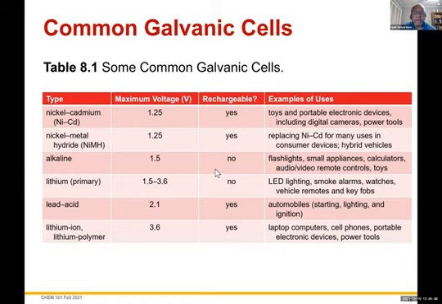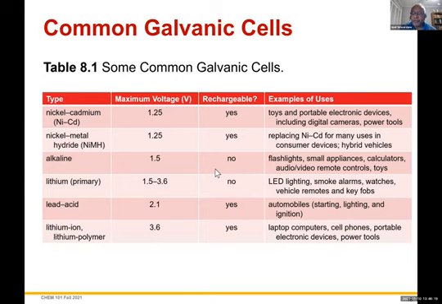A car battery has 6 cells of lead acid battery connected in series to produce 12 volts. Lithium ion polymer batteries, 3.6. So this is rechargeable. The first-run lithium primary batteries are not rechargeable. Lithium ion polymer batteries are rechargeable.